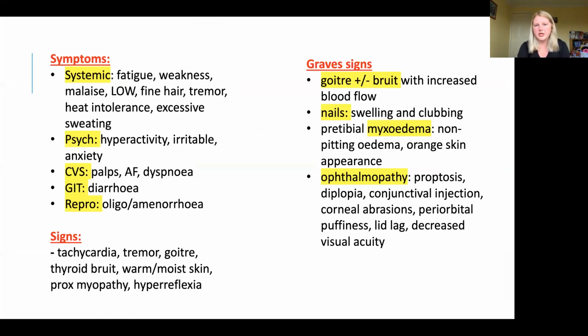In particular with hyperthyroidism, thinking about the signs of Graves' disease, which particularly will relate to their eyes, the presence of pretibial myxedema, and just remembering that even though it says myxedema, we actually are talking about hyperthyroidism, not hypo. You can also see nail changes and a goiter, but these are not always present. And then thinking about the signs that you can see as well on physical examination.